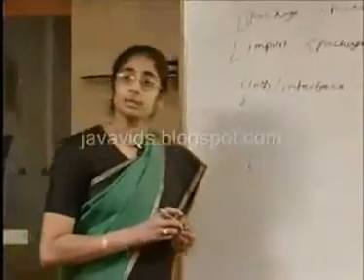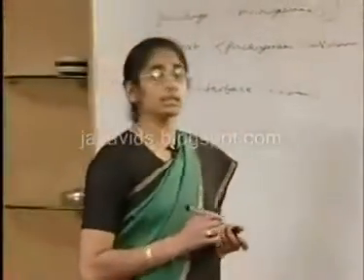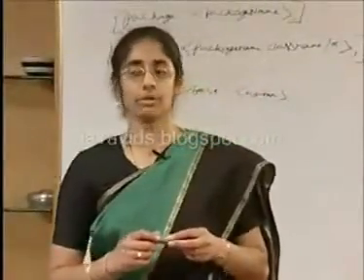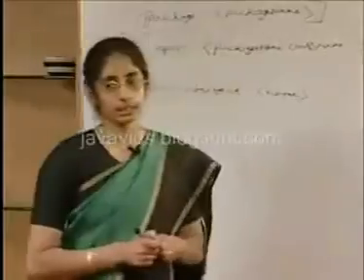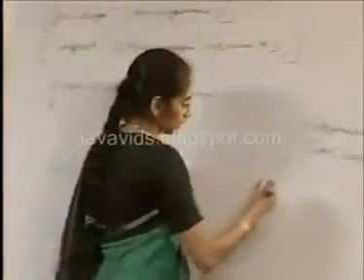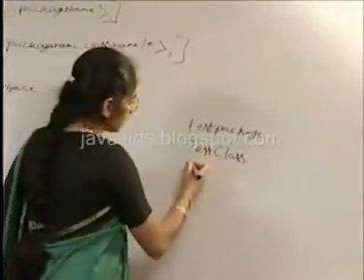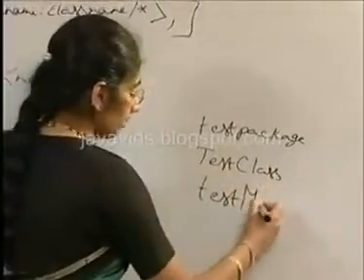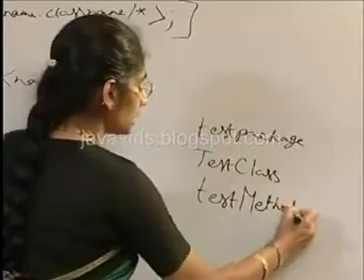Method names must begin with lowercase, and every word after that, the first letter of every word should be uppercase. Remember, we are beginning with lowercase. So testMethod is the name of the method, T of test is lowercase, but M of method is uppercase.